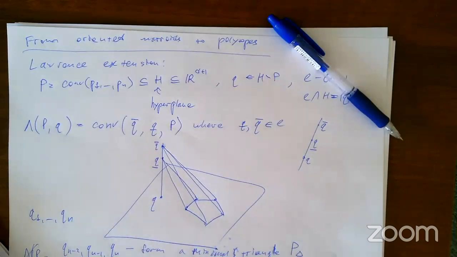Yeah, I guess in my question I meant to ask about realizable non-oriented matroids, realizable over R. Non-oriented is a word which should not be used. Okay. Yes, okay.